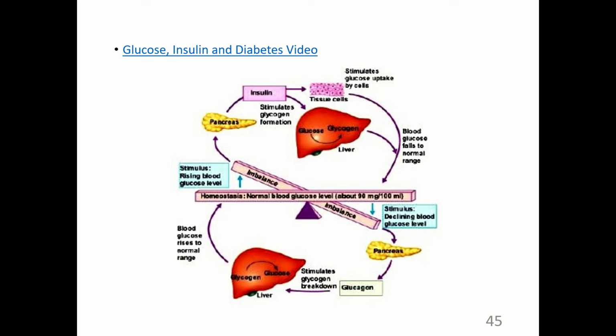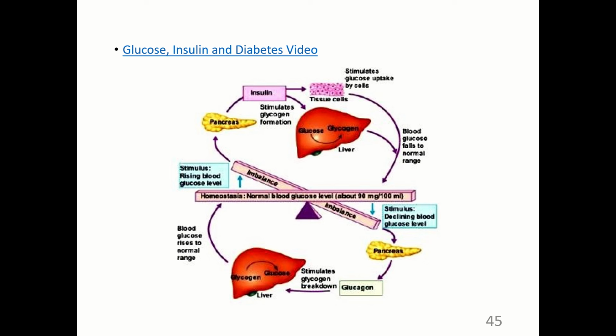After a while, your blood glucose levels will fall below 90 milligrams per 100 milliliters. So the stimulus is the declining blood glucose level. So the receptors in the pancreas will receive that stimulus, and they will release glucagon. Glucagon is a hormone that will stimulate the release of glycogen from the liver.